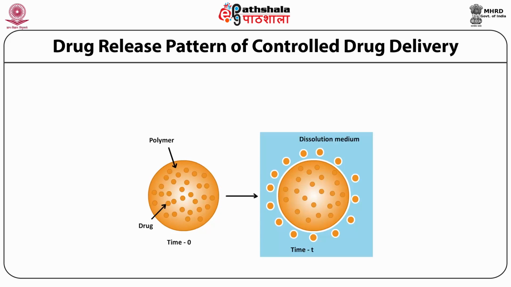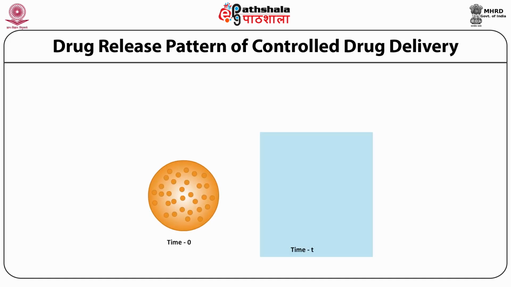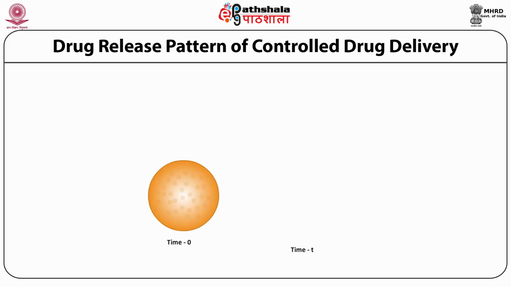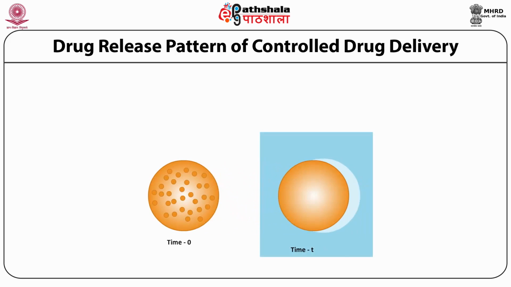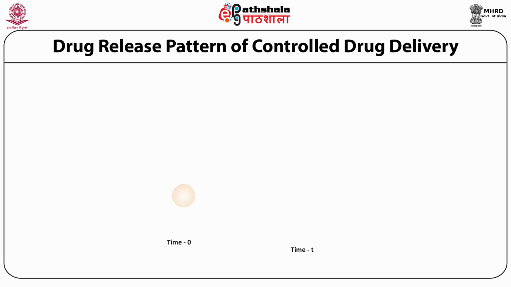An initial burst of the soluble drug may occur due to surface leaching when a matrix containing a swellable glassy polymer comes in contact with an aqueous medium. There is an abrupt change from a glassy to a rubbery state, which is associated with the swelling process.